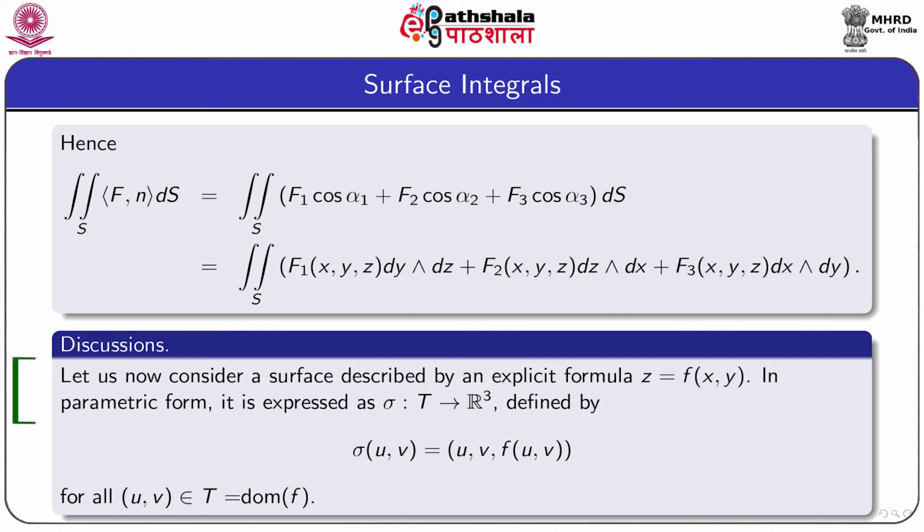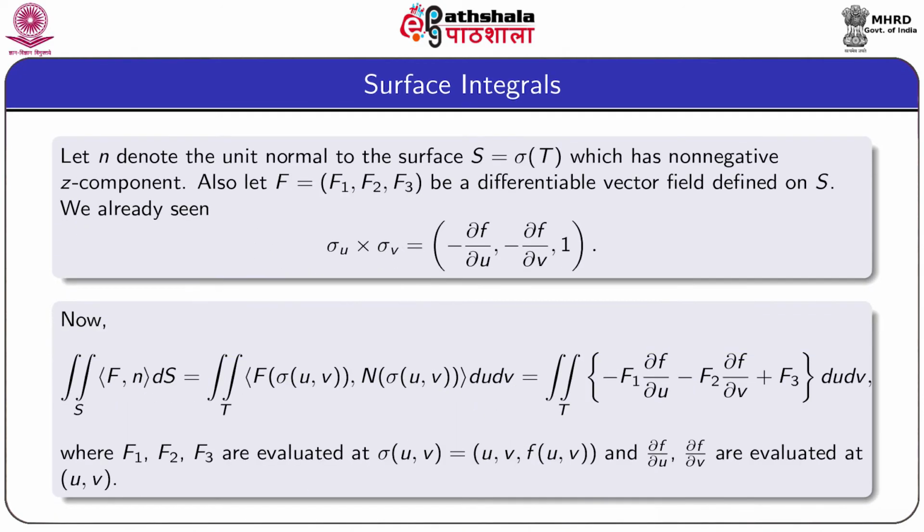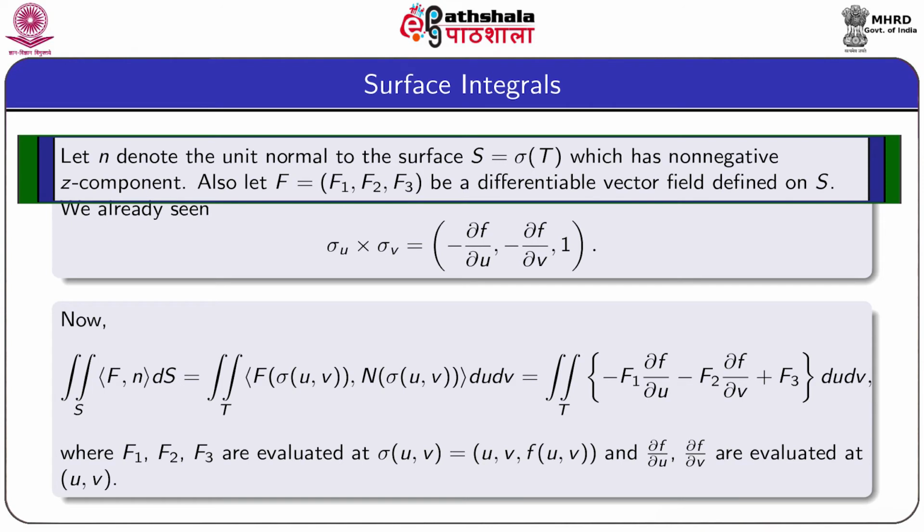Next, we consider a surface described by an explicit formula z equal to f(x,y). In parametric form, it is expressed as sigma from T to R3, where sigma(u,v) equals (u, v, f(u,v)) for every (u,v) from the domain of f. Let small n denote the unit normal to the surface S equal to sigma(T), which has non-negative z component.